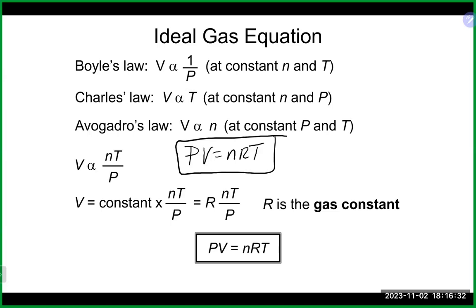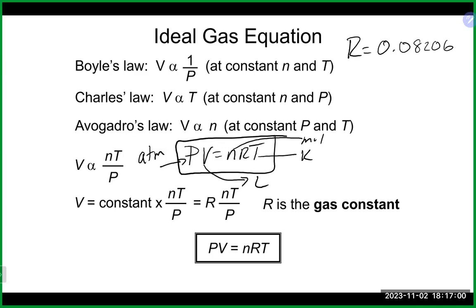The other important thing about the ideal gas law is it is the most restrictive in terms of units. So when you use the ideal gas law, pressure has to be in atmospheres for everything to come out correctly. Volume has to be in liters. n should be moles, and T should be temperature in Kelvin. All those have to be those units because R is a constant that you always have available to you, 0.08206, and it has units of liters times atmospheres divided by Kelvin times moles.